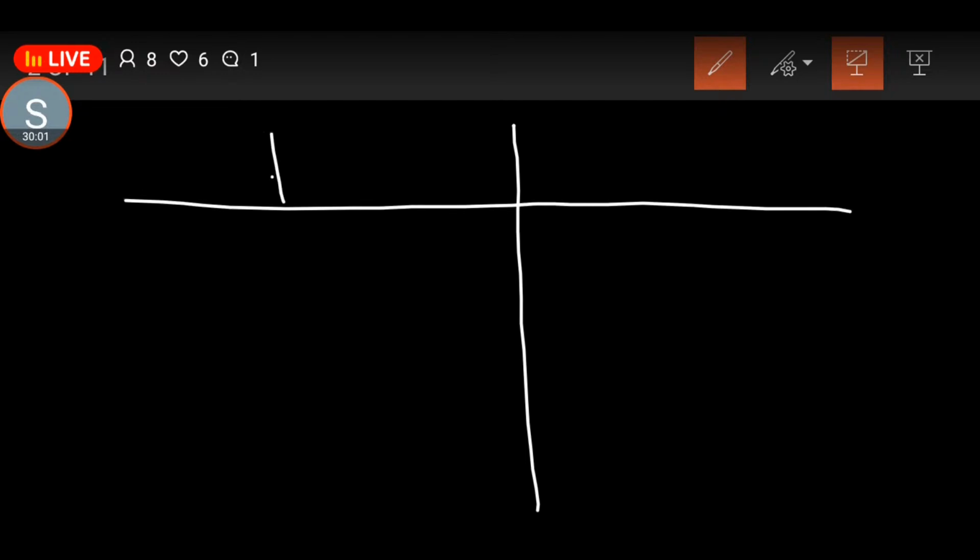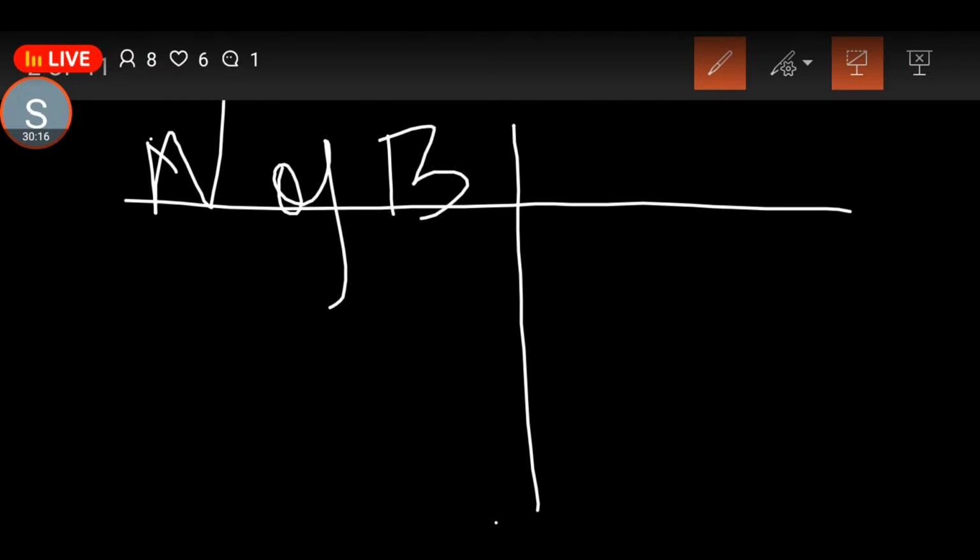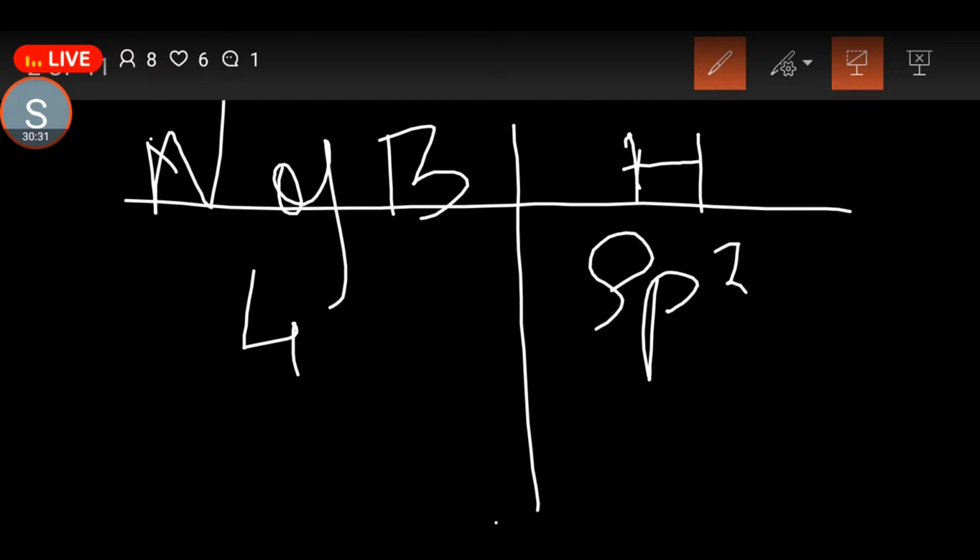This is hybridization. Wait 1 second. This you take as number of bonds. Just remember number of bonds. Okay. This is hybridization. If there are four sigma bonds, then it is called sp3. Here four, how does it come, you can ask.